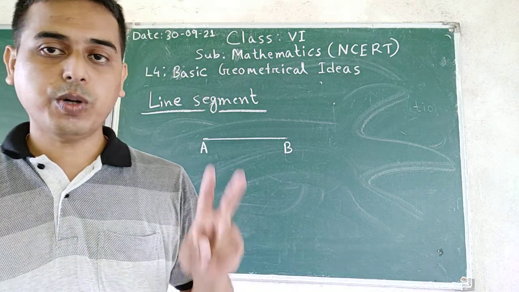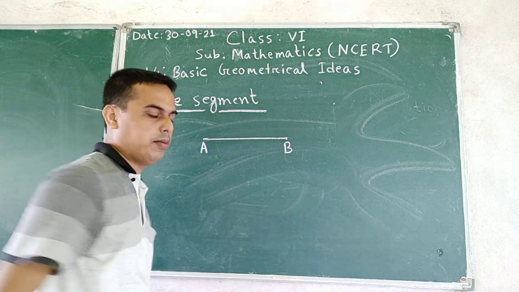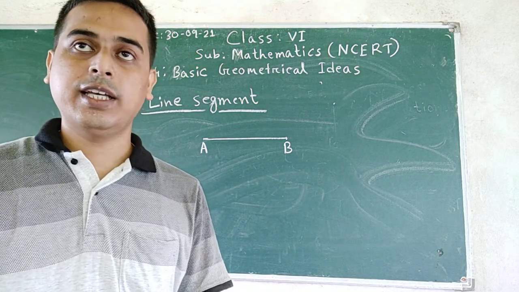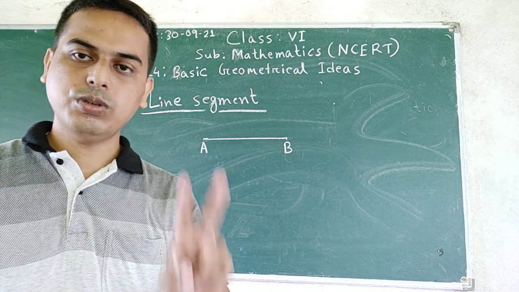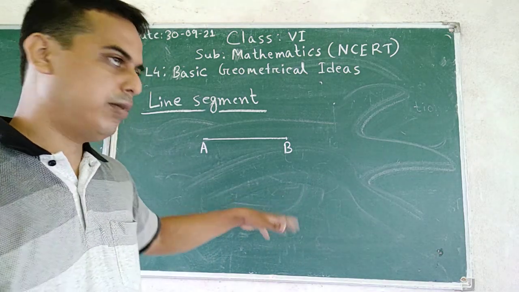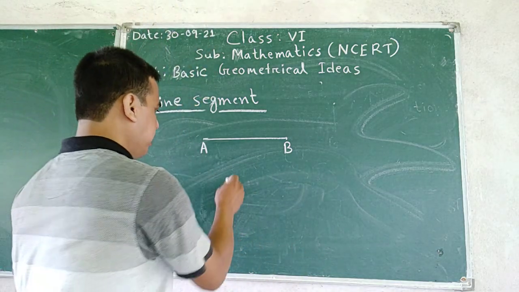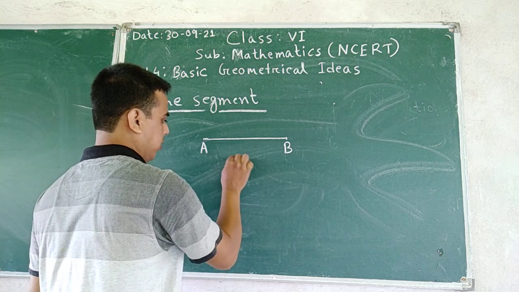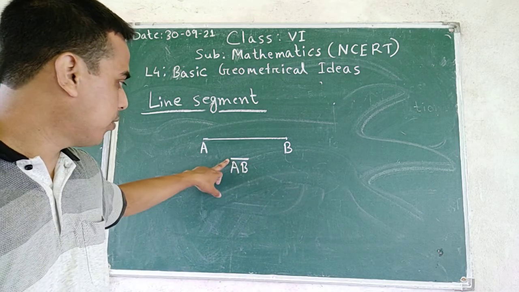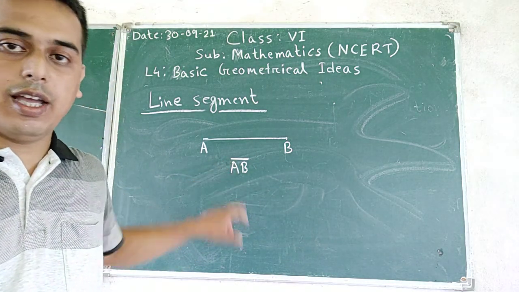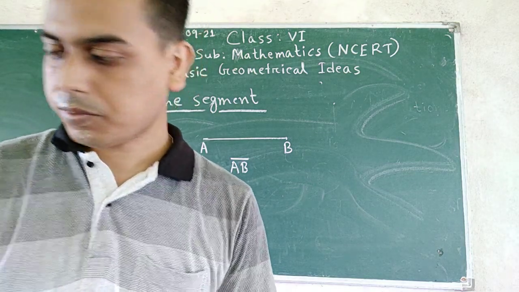It has two endpoints. Here, this one A, this one B. A line has no endpoints, but a line segment has two endpoints. We can name it AB, PQ, ST, whatever we may give it, and it can be represented like this, AB. So the symbol you remember, this one is for line segment, and the other one I showed is for line.